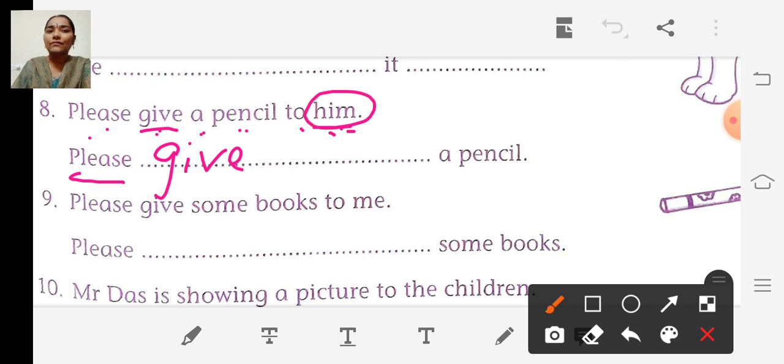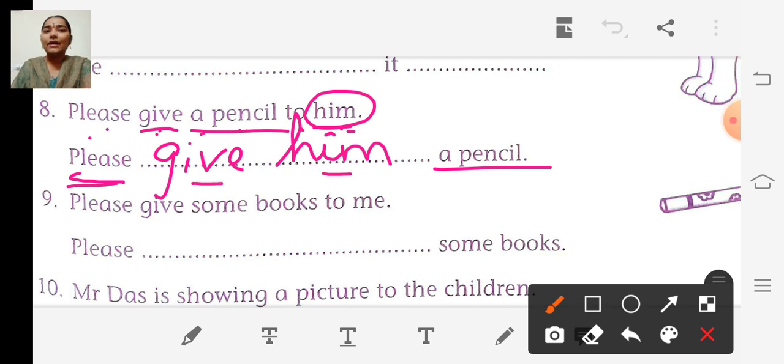So they have given him. So we have to write as it is. Okay, please give him what? A pencil. So please give him a pencil. Okay.